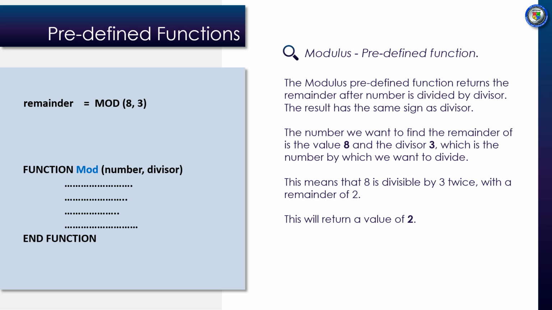Therefore, we want to find the remainder of the value 8 and the divisor 3. The divisor 3 is the number by which we want to divide. In this case, this means that 8 is divisible by 3 twice.